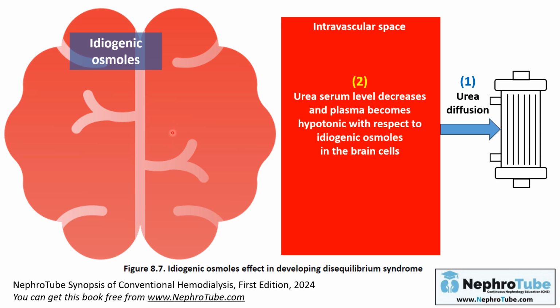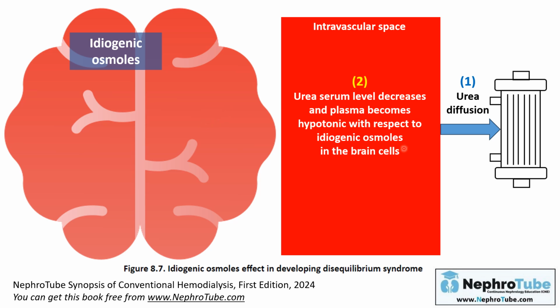So the brain, as a compensatory mechanism to prevent shifting of water from the intracellular space to the blood, increases the level of these osmoles, such as glutamine, glutamate, and myoinositol, which will increase the intracellular osmolarity to match the intravascular space osmolarity. And this will prevent the water movement from the brain to the intravascular space.